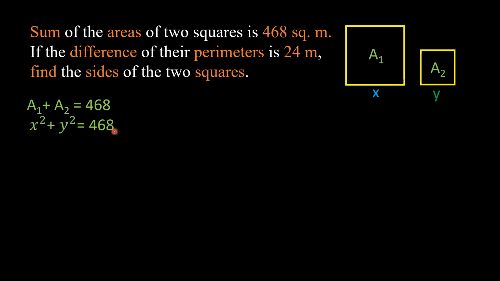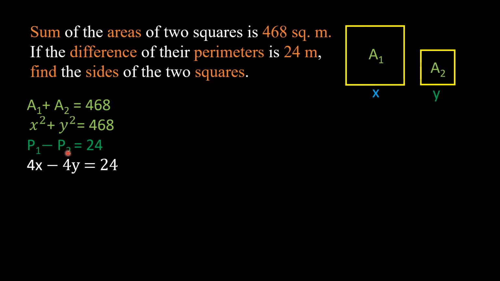Now according to the second condition, we have difference of their perimeters to be 24 meter. Now perimeter of the larger square P1 minus perimeter of smaller square P2 equals 24. Now perimeter of a square is 4 times its side. So P1 will be 4x because side of the larger square is x.